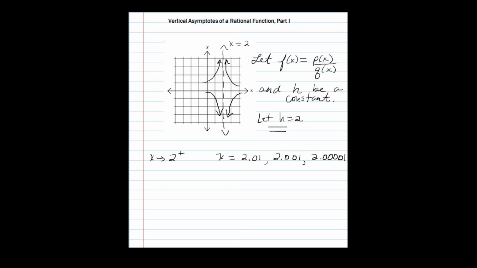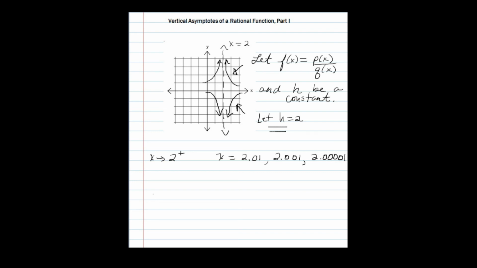So I'm getting closer and closer to 2, but I'm always slightly bigger than 2. So that means I'm coming towards 2 from the right. Okay? And in that case, perhaps my function blows up towards infinity, in which case we have that example. Or perhaps as x goes to 2 from the right, my function gets larger and larger negative, in which case we have this illustration down here.